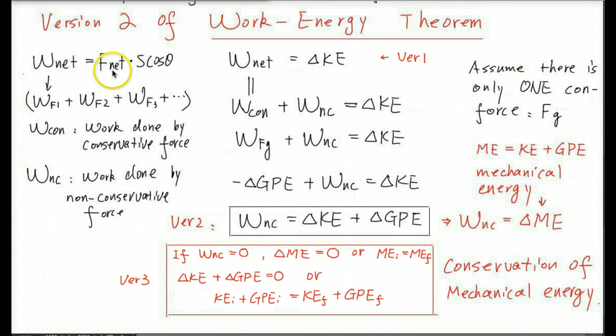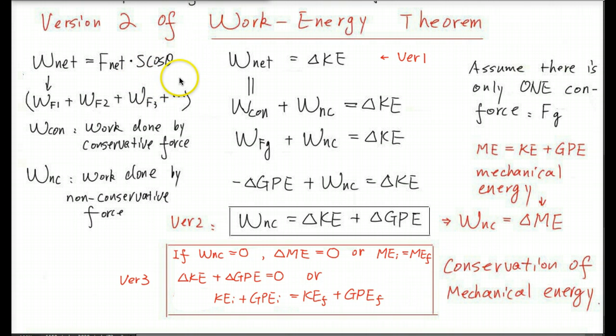The problem is that F net must be constant to use this formula. There's another alternative way to calculate the net work. If we calculate the work done by each force, WF1, WF2, WF3, and so on, and add them up, that can also be treated as the net work.